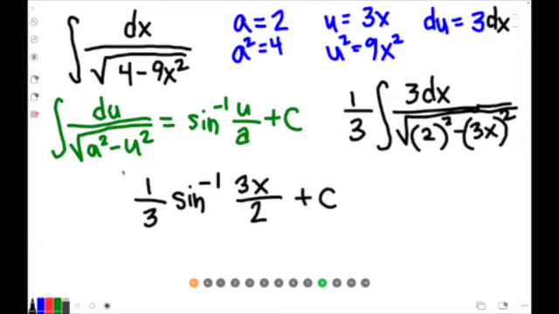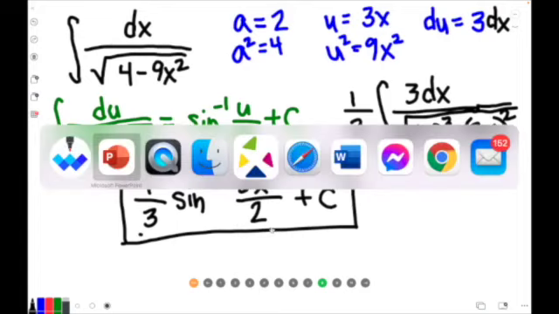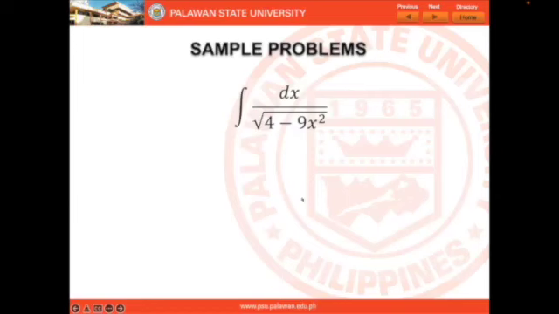So we have 1/3 arc sine 3/2 x plus c. That is our answer for this problem. Now let's go to our next problem.